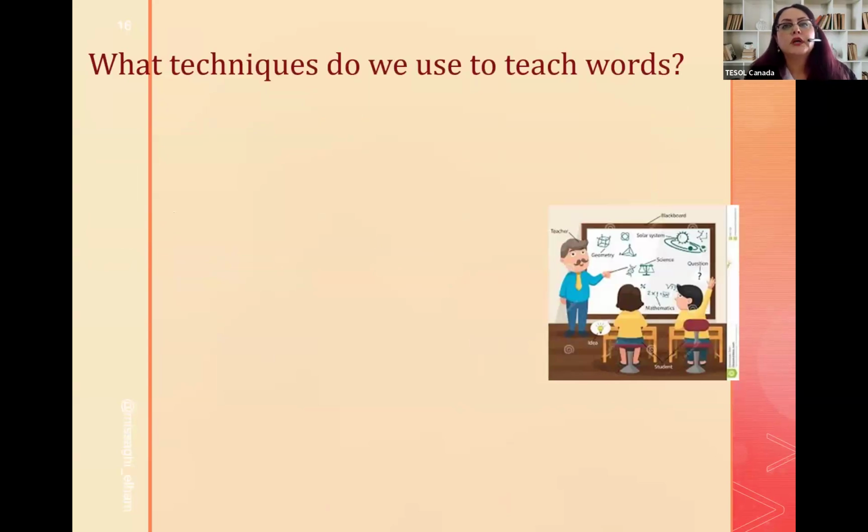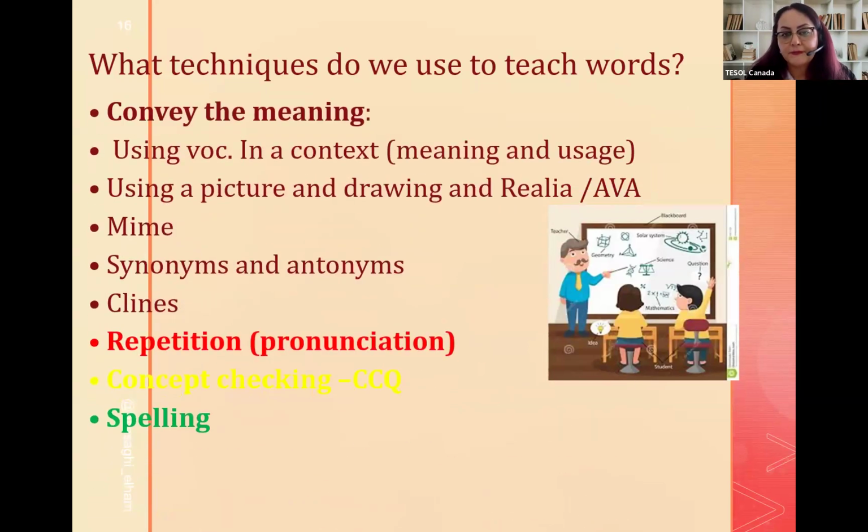Let's go for sub skills, like what techniques do we use to teach words? Pre, while, post. Engage, study, activate. So number one, for learning vocabulary, is convey the meaning. Either you can show the realia, it's a monkey, a frog, a bear, right?